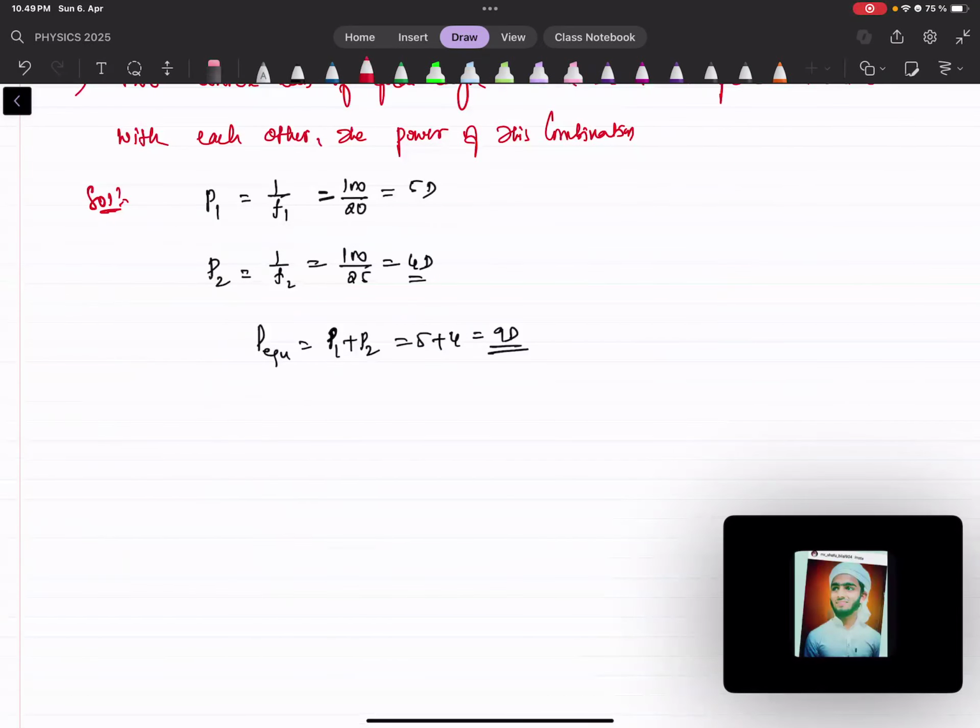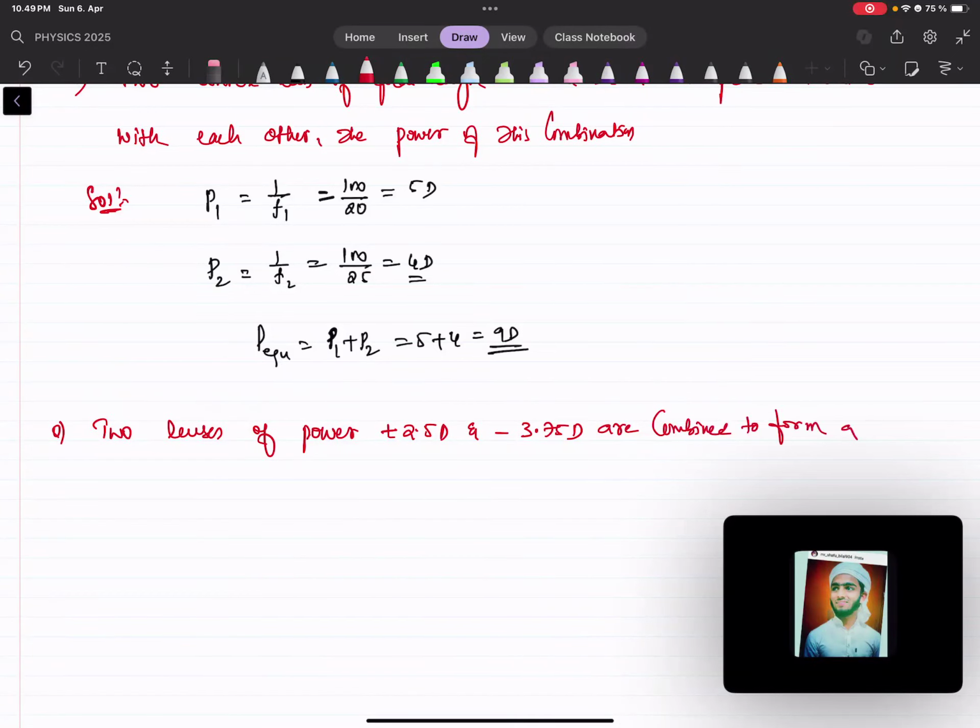Sure. Next question. Faster again. I got two lenses of power plus 2.5 diopter and minus 3.75 diopter. Again, they are combined to form a compound lens.